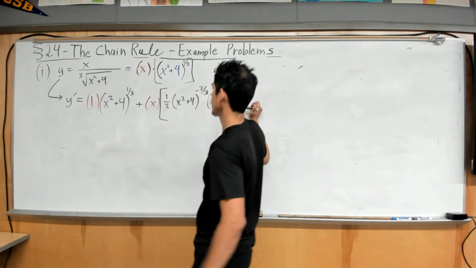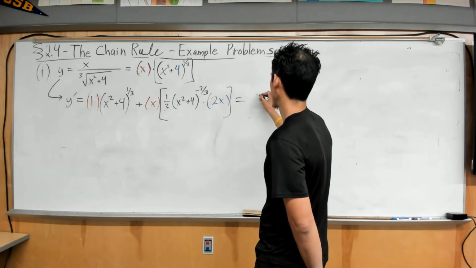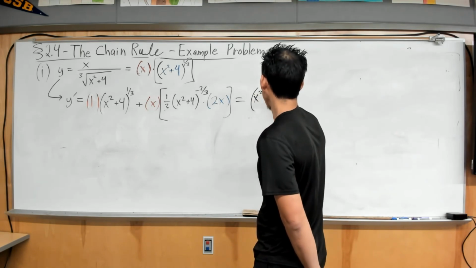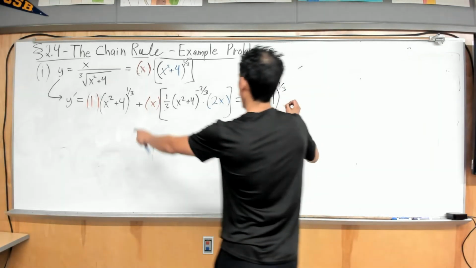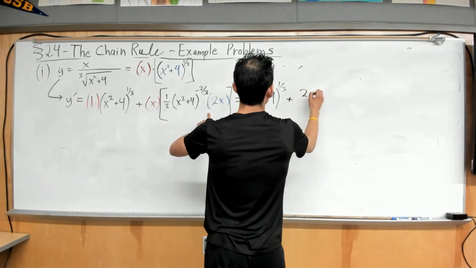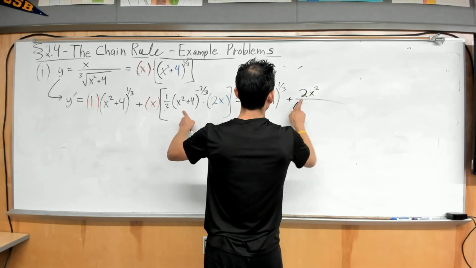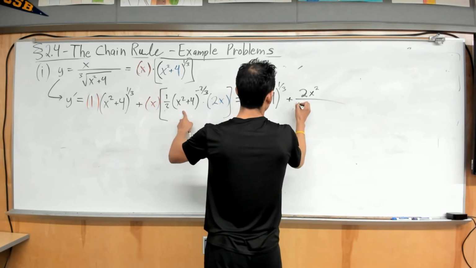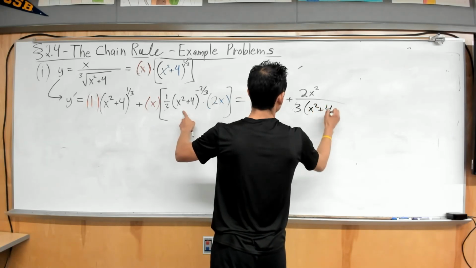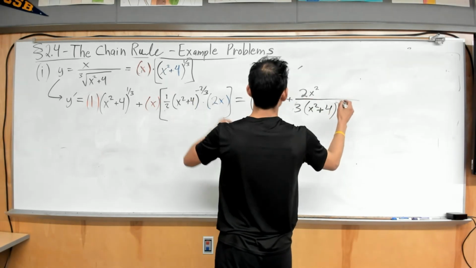Now the rest is just the tedious combining. So x squared plus 4 to the 1/3 power, plus on top we're going to have 2x squared all over 3 times x squared plus 4 to the 2/3 power.